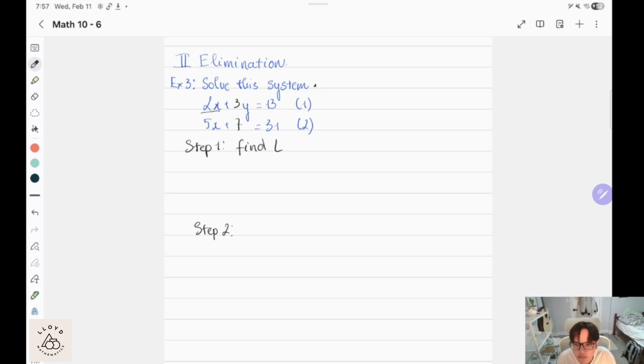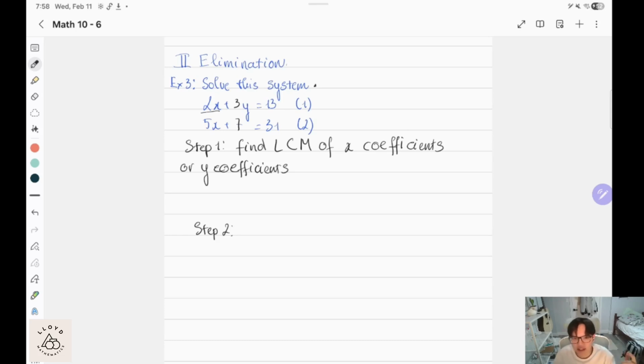the least common multiple of the x coefficients or the y coefficients. It's up to the question whether the least common multiple of the x coefficients or of the y coefficients is simpler, and we can choose that.